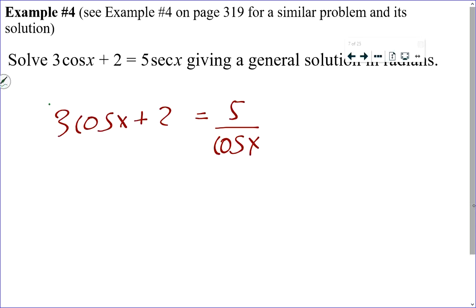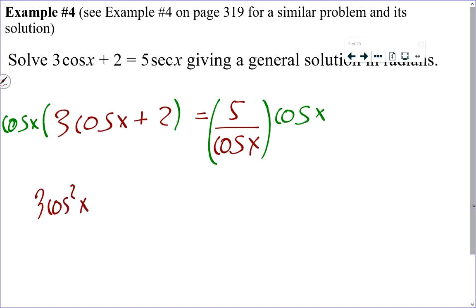I think it's a very wise move once you do that to multiply both sides of the equation by cosine of x because we don't ever want to work with fractions. And I get 3 cos squared x plus 2 cos x, so I'm multiplying this through, equals 5.